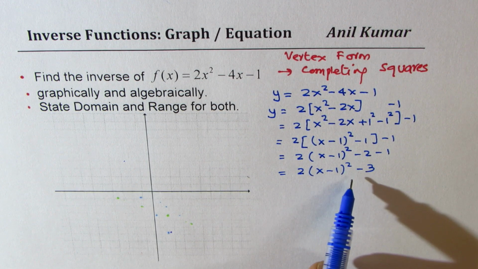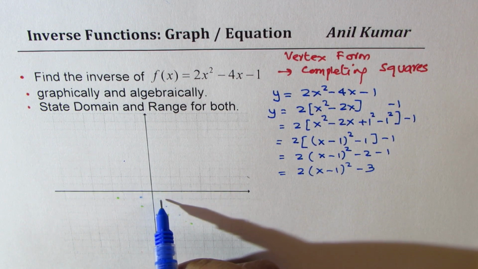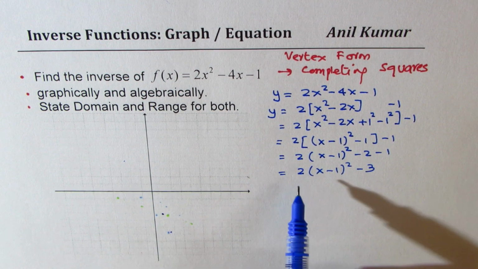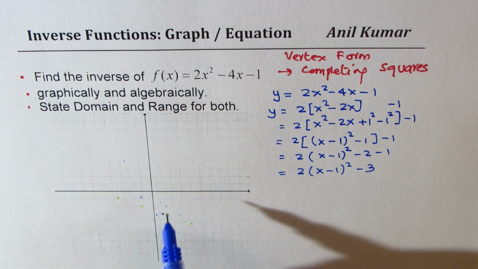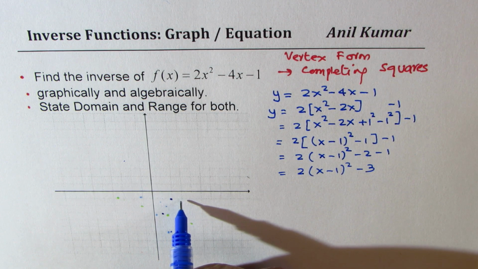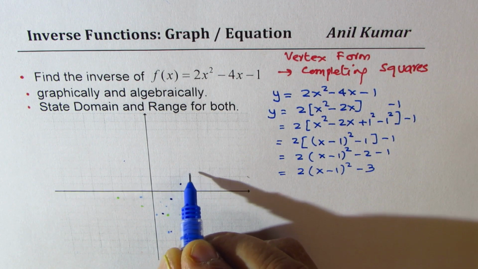Now to sketch this function, we know the vertex is at (1, minus 3). So 1, 2, 3, that's the vertex for us. Steps involved are 2. So if I move 1 unit right, I have to go 2 up. 1 unit, 2 up.